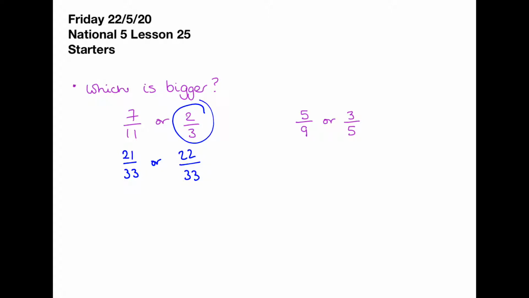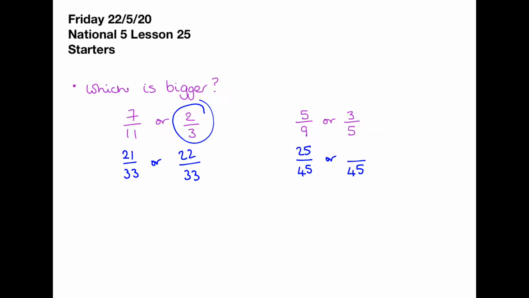Okay, we're going to do the same sort of thing here with 5/9 or 3/5, exactly the same process. So common denominator, the first number we come to that is in the 9 times table and in the 5 times table is 45. So we've multiplied the 9 by 5, so we need to do the same to the top, so that gives us 25.